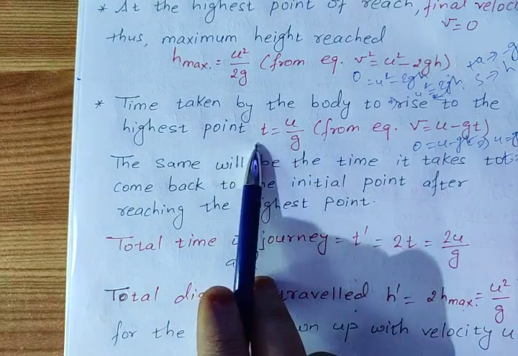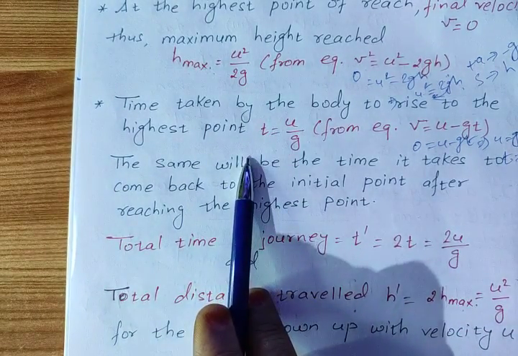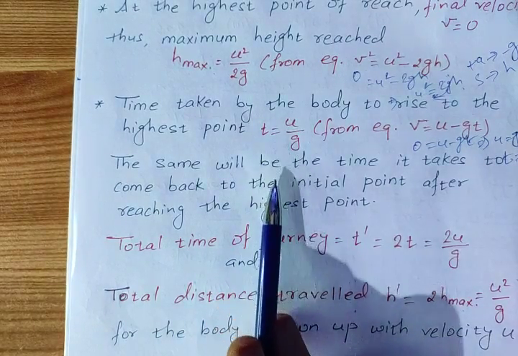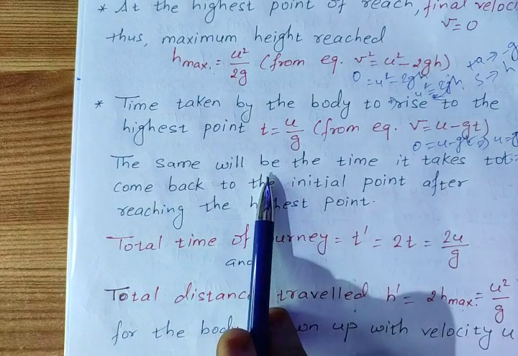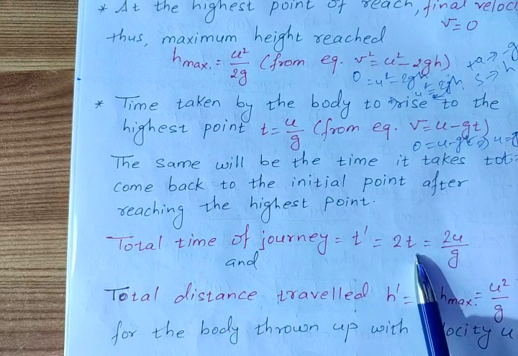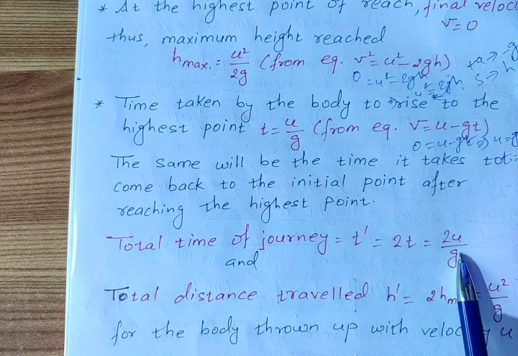Here we calculated t. This is from initial point to highest point, then from highest to again come back to the ground also same time only. So t plus t, 2t. Total time of journey is 2t. T is how much? U by g.